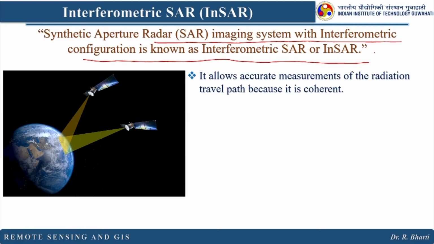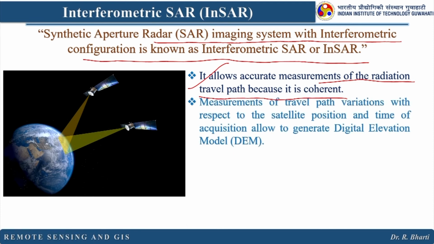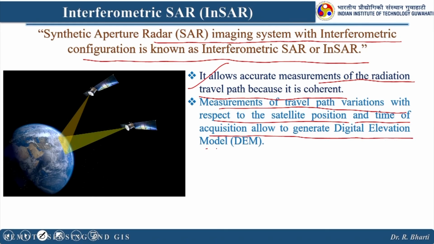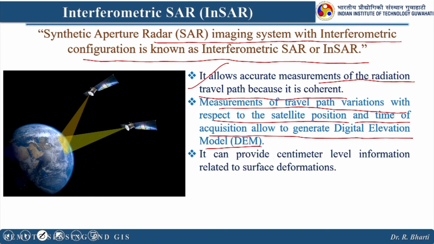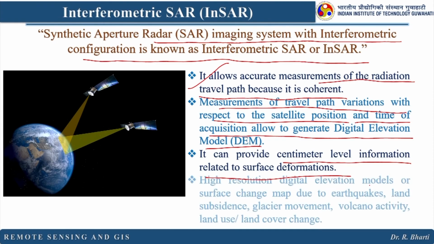What it does is it allows accurate measurement of the radiation travel path because it is coherent. Measurement of travel path variation with respect to satellite position and time of acquisition allows us to generate a digital elevation model, right. It can provide centimeter level information related to surface deformation, right.